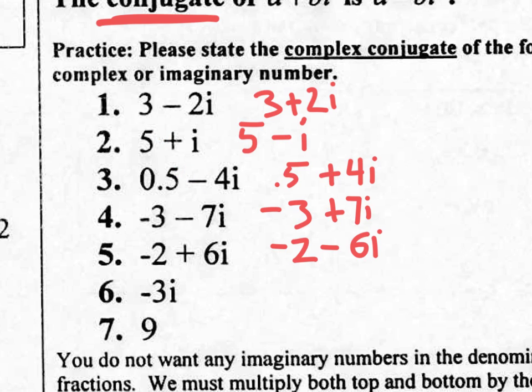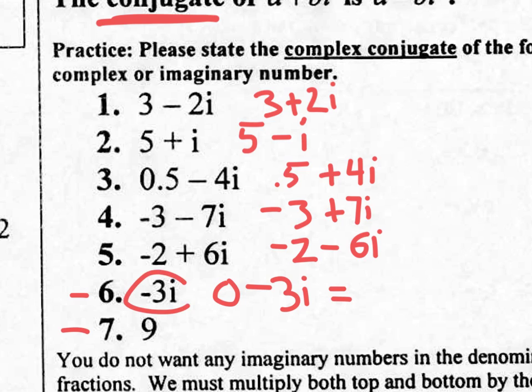That is the conjugate. Now, if you get down here to number 6 and 7, these are kind of tricky because you can't really see it as a complex number. What's the real part of number 6? If you wanted to force a number right there to be the real number part. 0. So 0 minus 3i is what you really have, which means that the conjugate of 0 minus 3i would be 0 plus 3i.